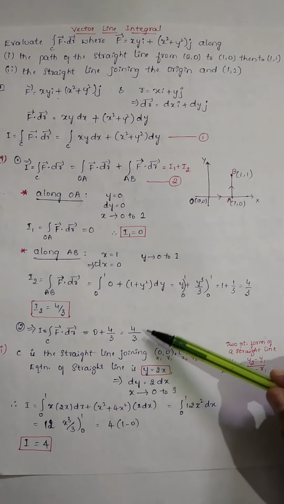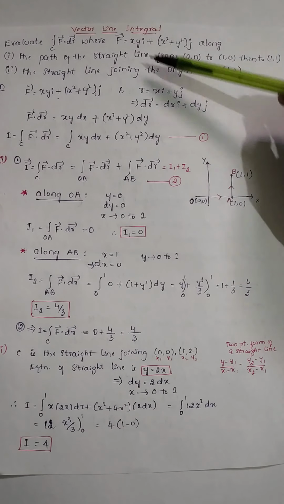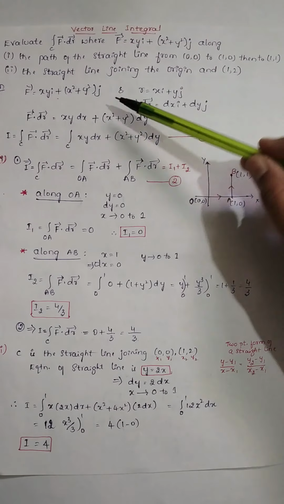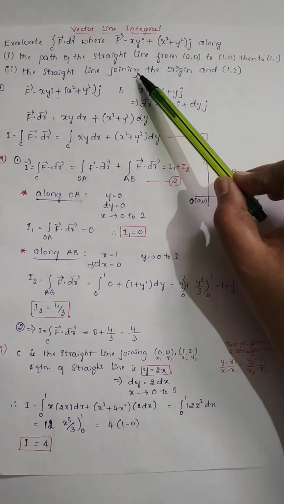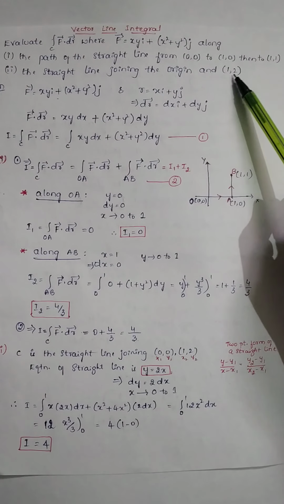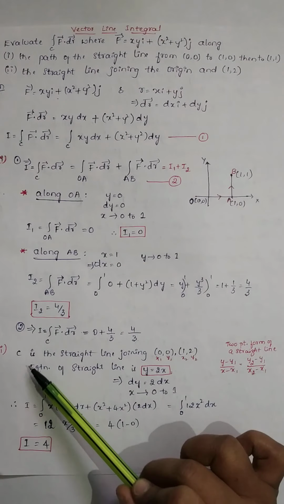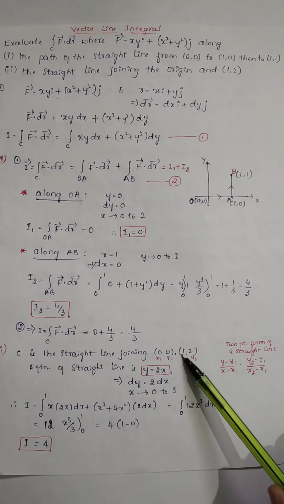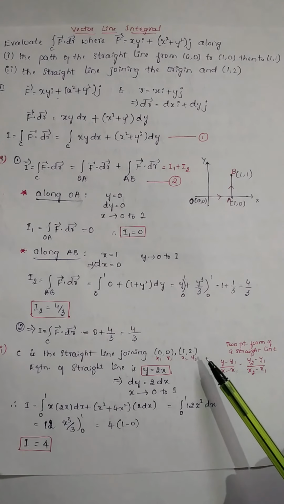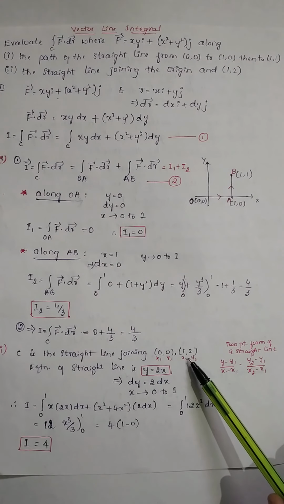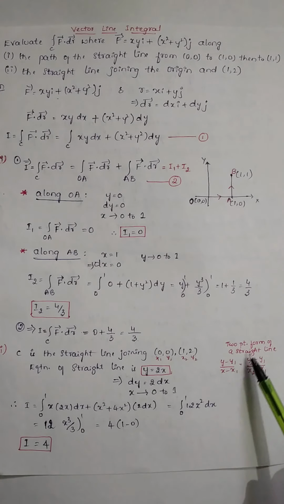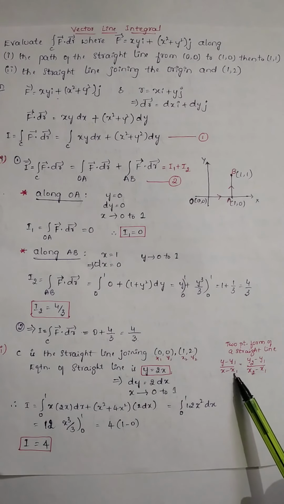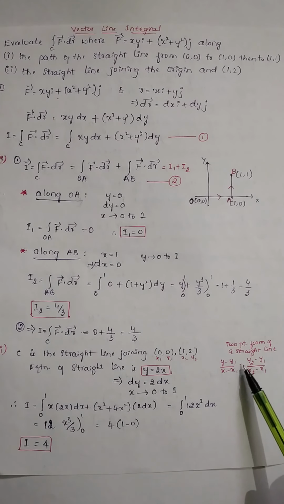Now coming to the second question, you have to evaluate I over the straight line joining the origin and (1, 2). So C is the straight line joining the origin and (1, 2). The formula for a straight line joining two points is (y minus y1) by (x minus x1) equal to (y2 minus y1) divided by (x2 minus x1).